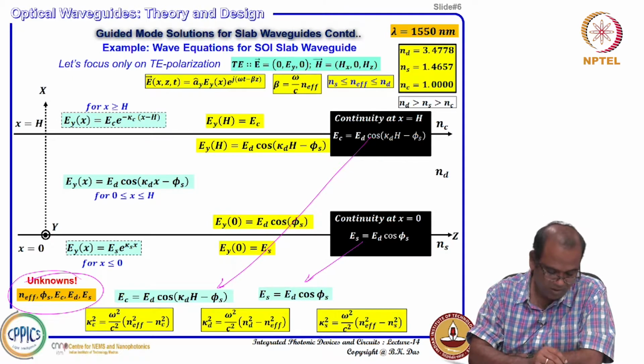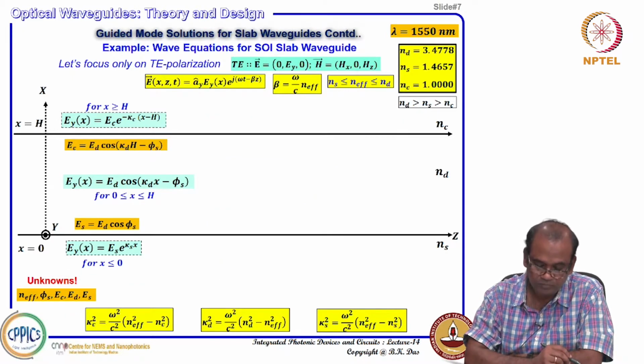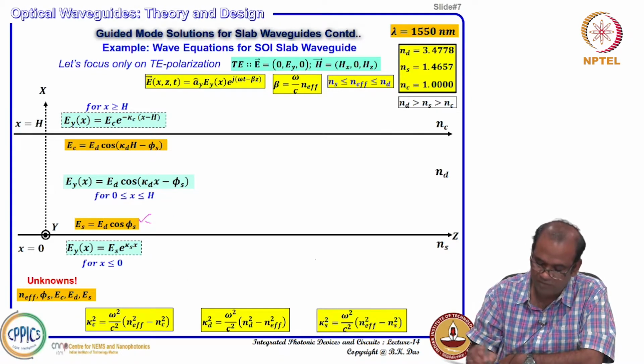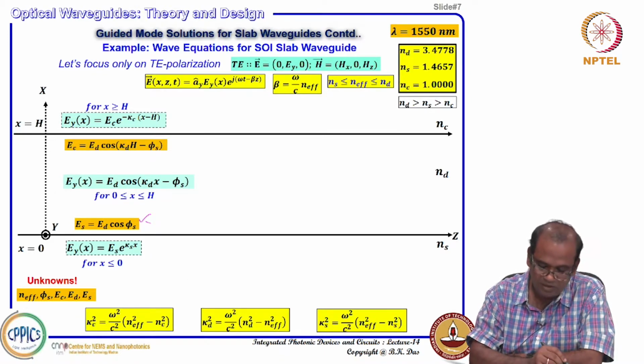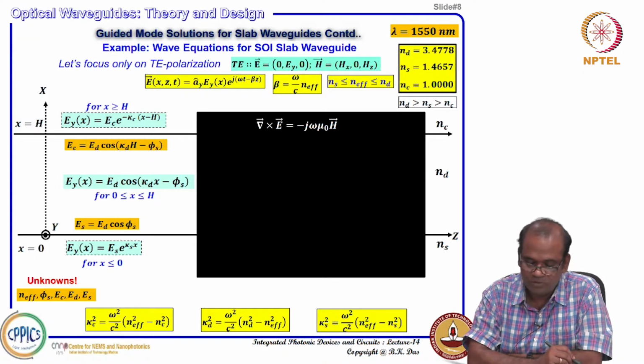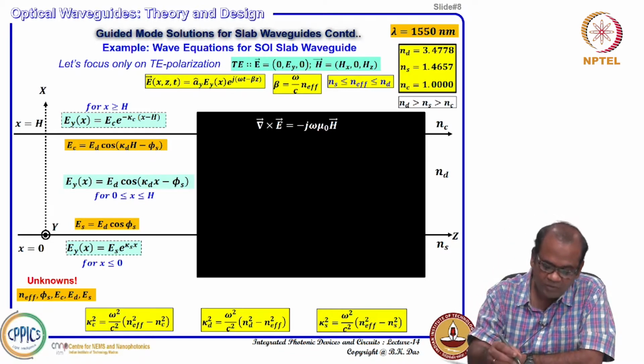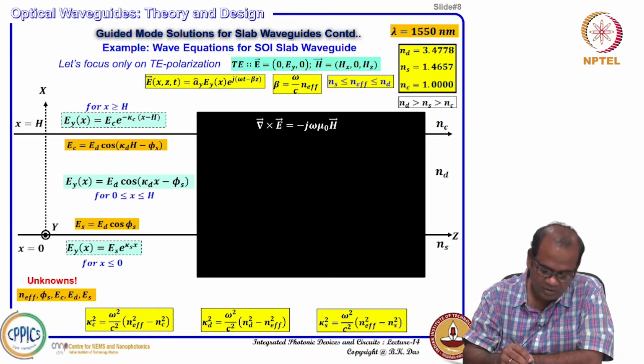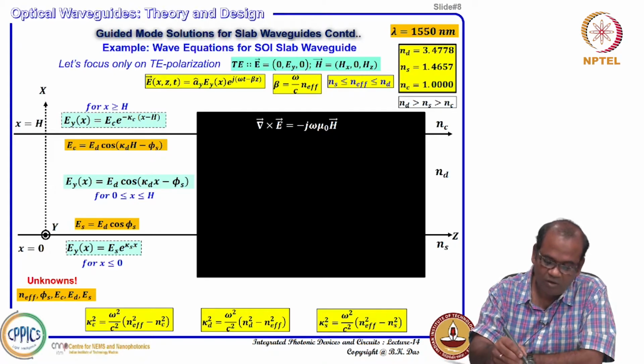Okay. Now next thing is that, okay, we just put down here to clear up some space. So these two equations at the boundary whatever coming, I have just repeated here, and then we just follow Maxwell's equation now, because we have the solutions for E y in all three regions.